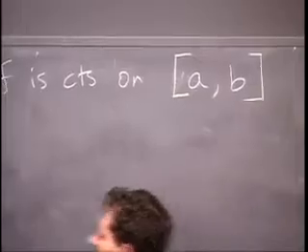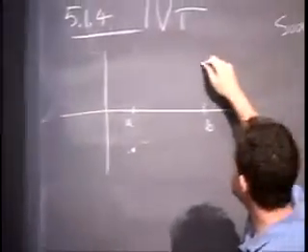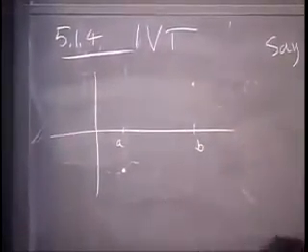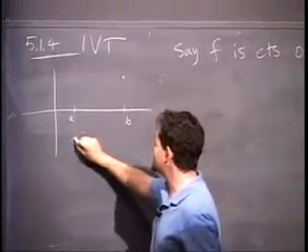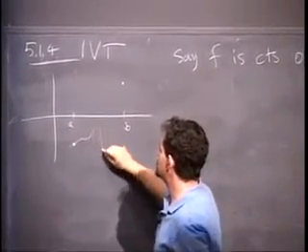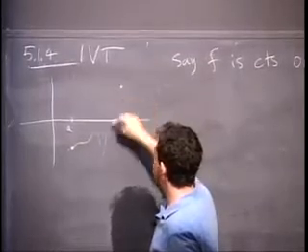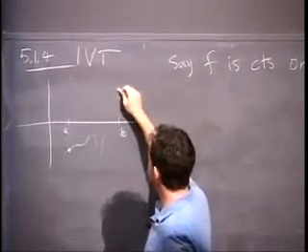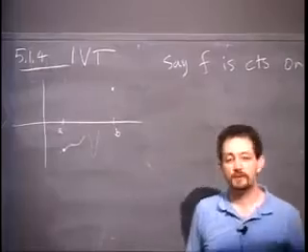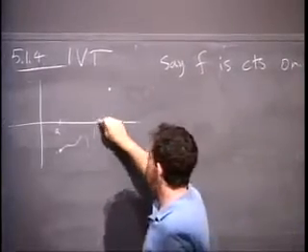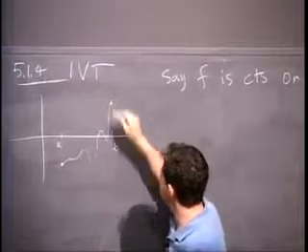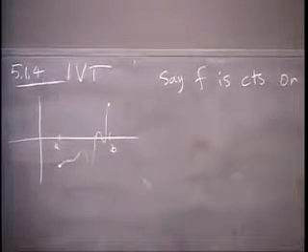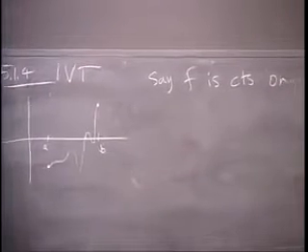Remember that means it's left continuous at a, right continuous at b, and continuous everywhere in between. So that effectively means I start here, I draw a line or a curve, and I'm not allowed to take my chalk off, and somehow I have to end up here. Well, the conclusion is that you must cross the axis somewhere. Now, of course, I could cross it multiple times, but I have to cross the axis at least once.